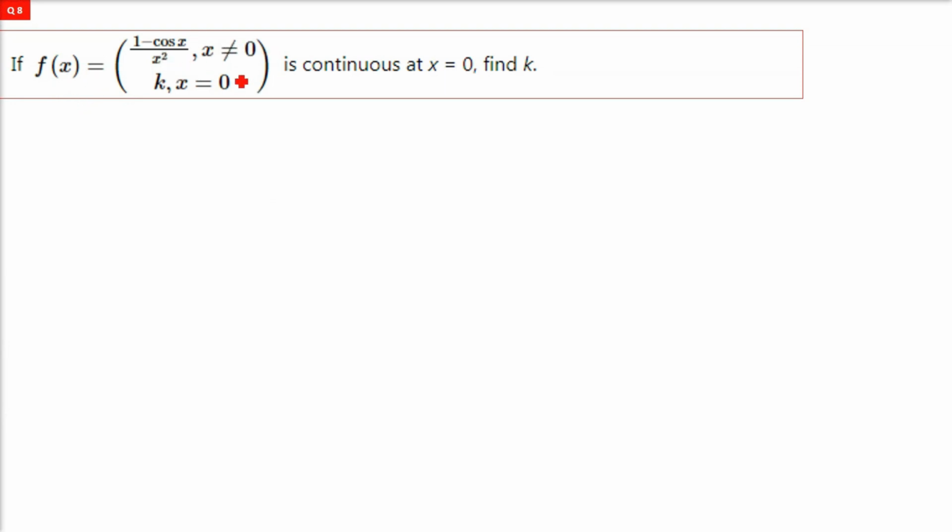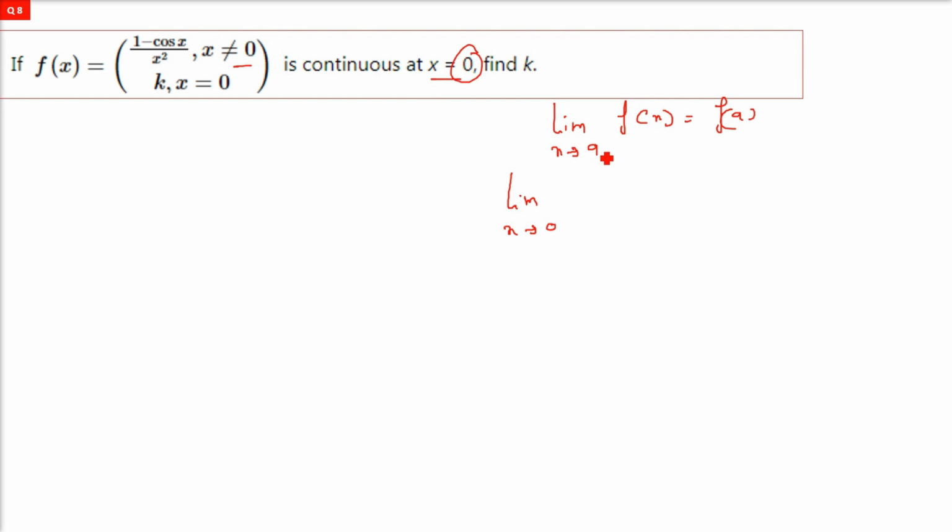If f(x) is this when x is not equal to 0, and when x is equal to 0 it is going to be k, and this is continuous at x equal to 0, we have to find k. Let me give you again the definition for continuity. The limit as x tends to a of f(x), if it is equal to f(a), where a is 0 here, is the necessary and sufficient condition for continuity.